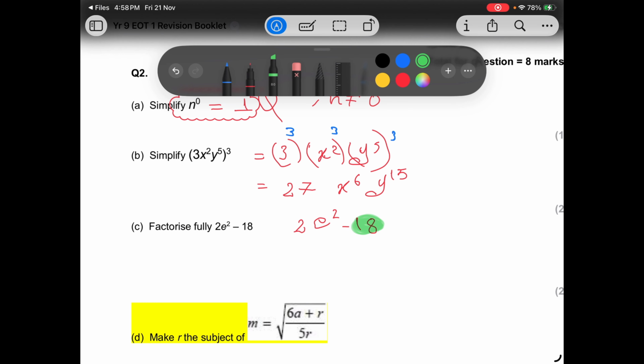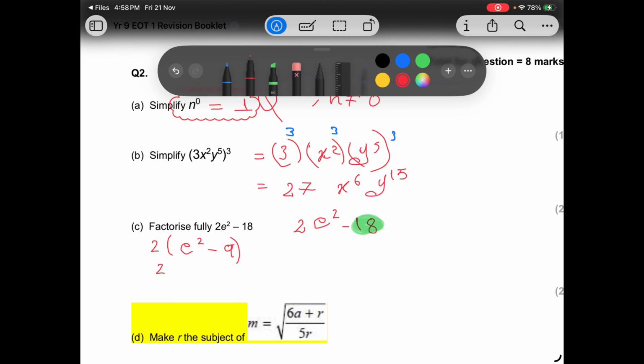So I can factor out 2. This is the first thing to do. It's like removing 2 from the scene. It will be e squared minus what? Minus 9. Why 9? Because 18 is 2 times 9. Then e squared minus 9 is very common. We call it the difference of two squares.